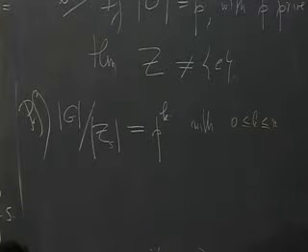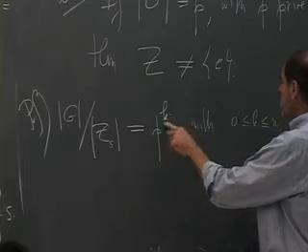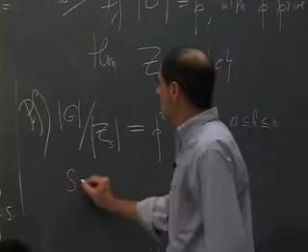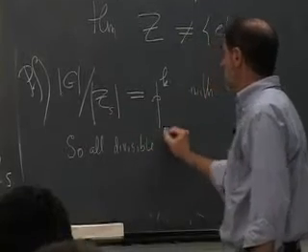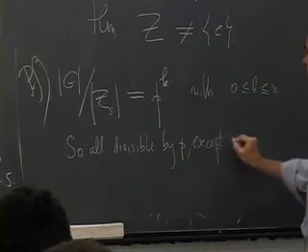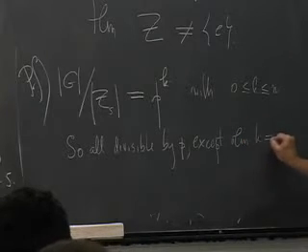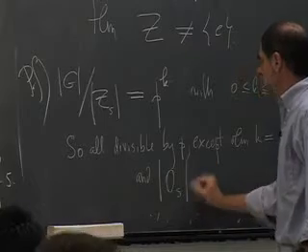In particular, they're all divisible by p except when k is equal to 0, when the size of the orbit is equal to 1.